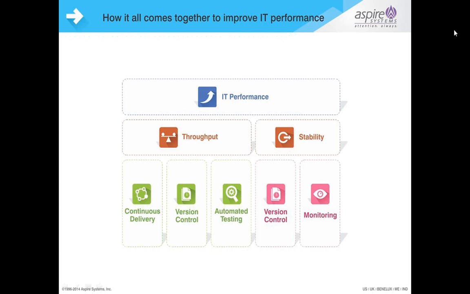With high-performing IT organizations, apparently there is a turnaround in terms of time to market, and there is also a subsequent improvement in overall organization performance itself. IT performance is measured in two categories: throughput, which is measured in terms of continuous delivery, version control, and automated testing, and the other part being stability, which is the monitoring part of it, more DevOps type.